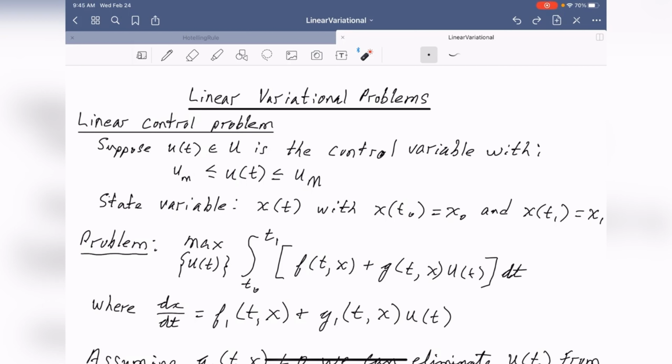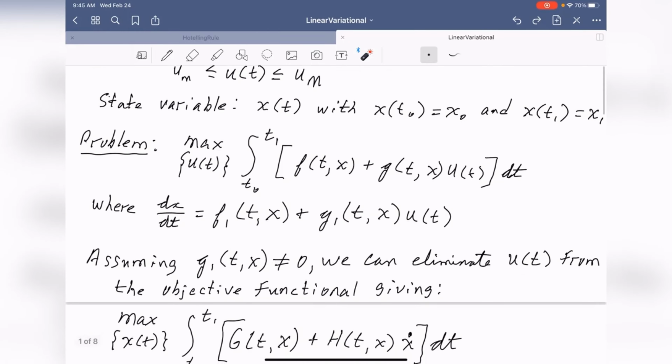The state variable is x(t), with x at time t0 equal to x0 and x at time t1 equal to x1. So then the problem becomes to maximize, over the path of the control variable between time t0 and t1, some objective function f(t, x) plus g(t, x) multiplied by the control variable, and then we take the integral of that with respect to dt.